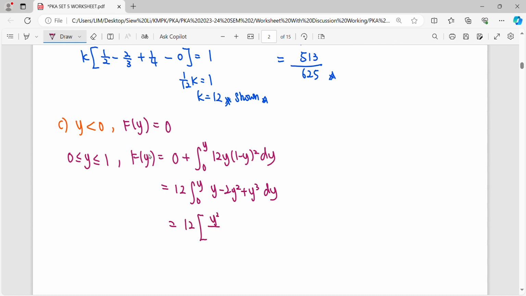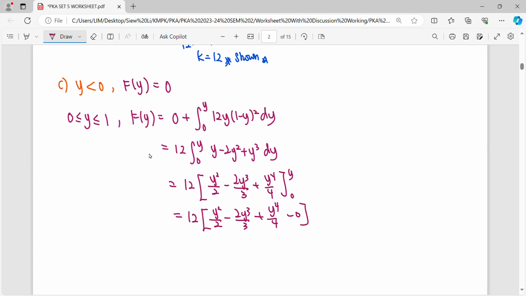Then power plus 1 over new power. Substitute the value of y, so it will remain y in terms of y, then minus 0.